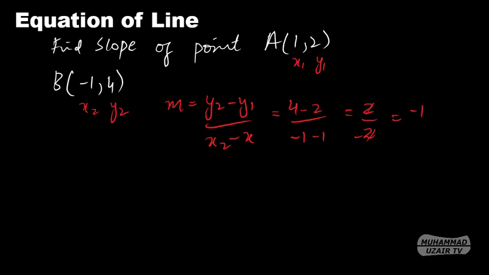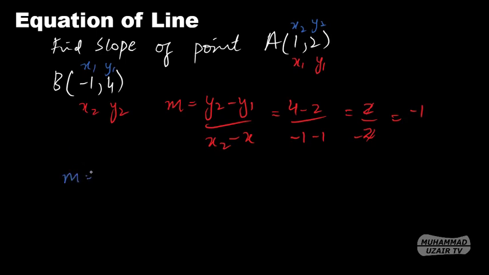Let's suppose you want to find the slope, but let this is x2, this is y2, and this is x1, this is y1. Now what will be the slope?